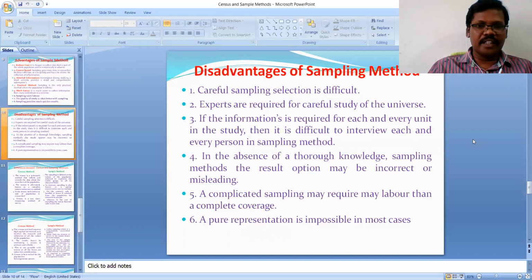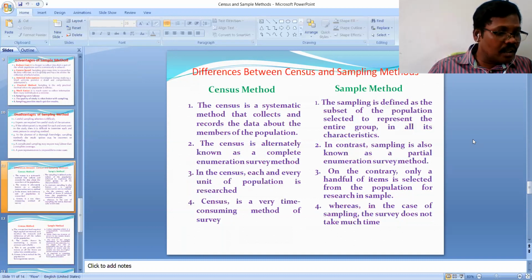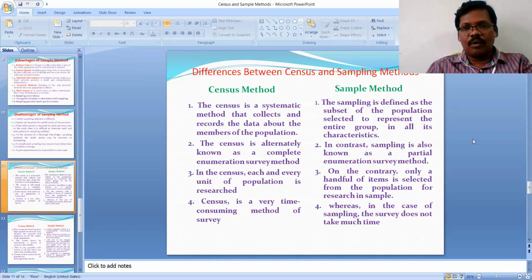So these are some important differences between the census method and the sampling method. In the census method, these are the differences. The census is a systematic method that collects and records the data about all the members of the population.